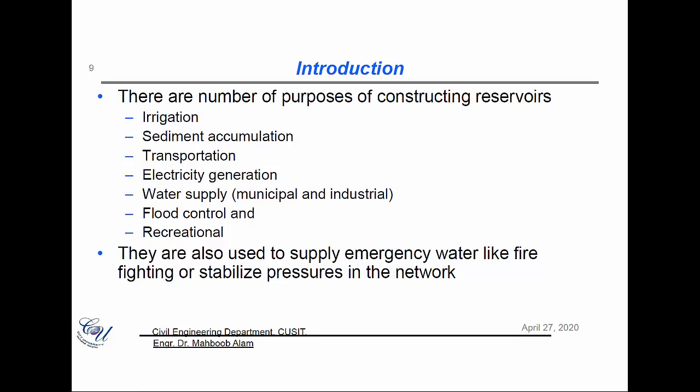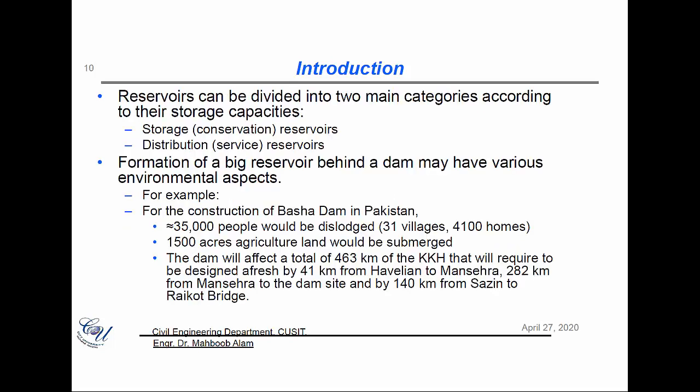Sometimes it's not very easy, and in the last part of this lecture we'll be looking at different operation rules of reservoirs, and you'll see how we try to achieve both objectives by regulating the flow in the reservoir.